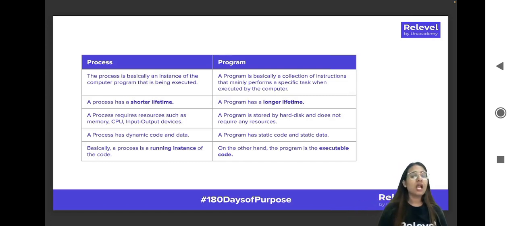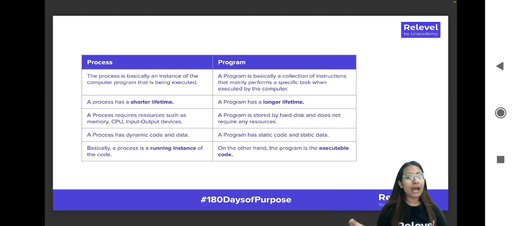A process has a shorter lifetime because you try to execute it as early as possible, whereas a program has a longer lifetime. Till the time you do not execute a program, it remains a program and not a process. A process is a program in execution, so it requires resources such as memory, CPU, and input-output devices.